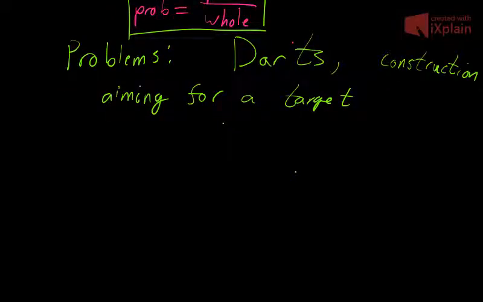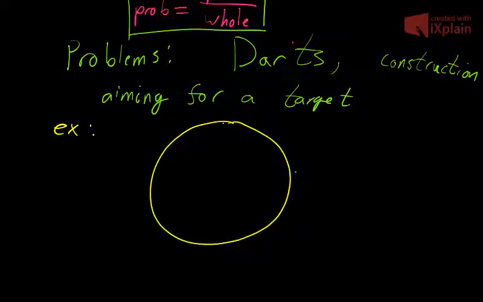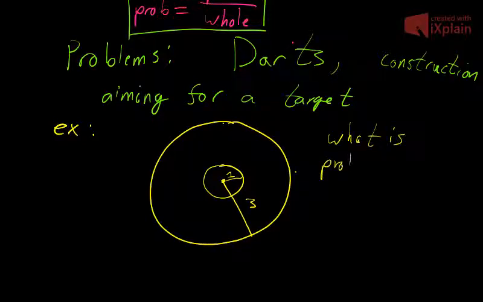Then a geometric probability becomes a little bit easier. Let's do an example. I have a target and I'm going to shoot a dart at it because, I don't know, darts are fun, I suppose. Let's say this inner circle has a radius of 1, the outer circle has a radius of 3. And I'm wondering, what is the probability of getting a bullseye?